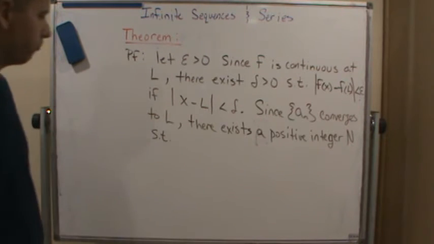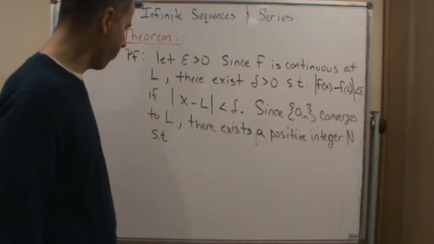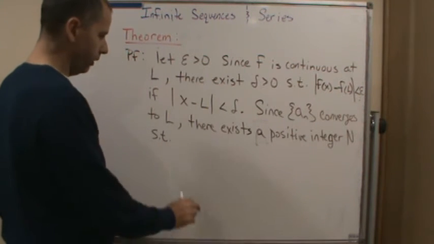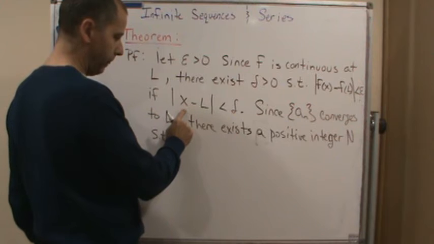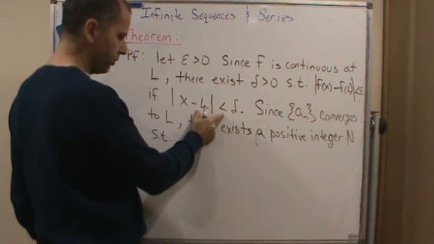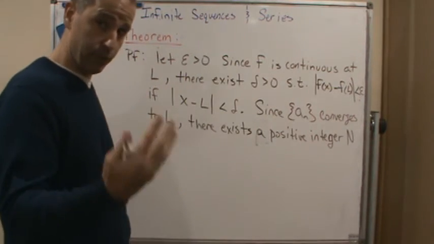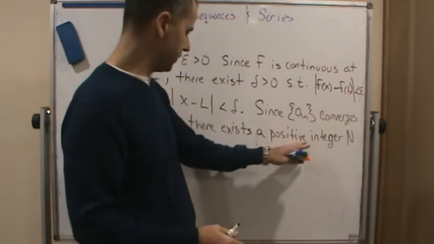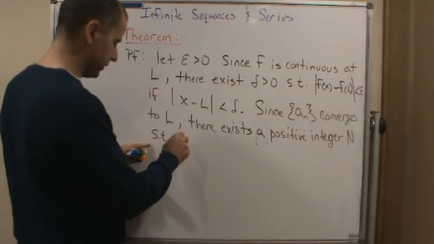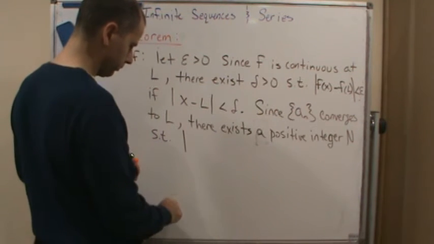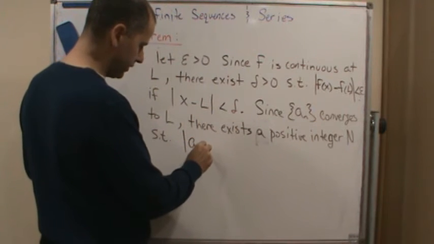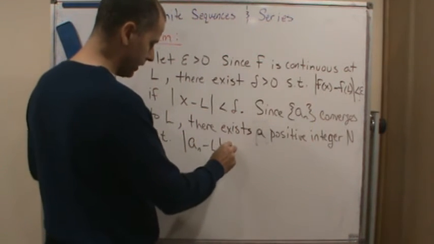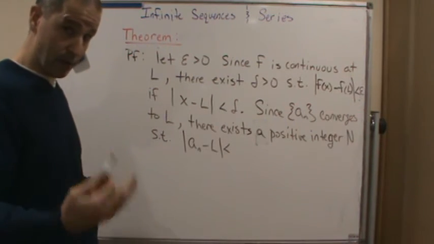Well, since we're dealing with this up here, we also want to make sure of something. In the definition of convergence, we said there must be a positive integer N such that the distance between a sub n and L was less than some value.